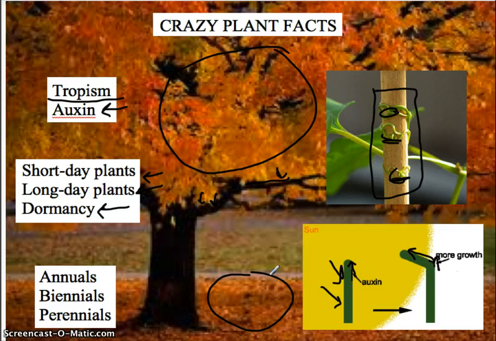Now, we do have some more terms for some angiosperms. There are annuals, which is a one year type plant or flower, which means in the course of one year, from spring to fall, it begins, it becomes a mature plant, and it dies. There are biennials, which means the process takes two years.